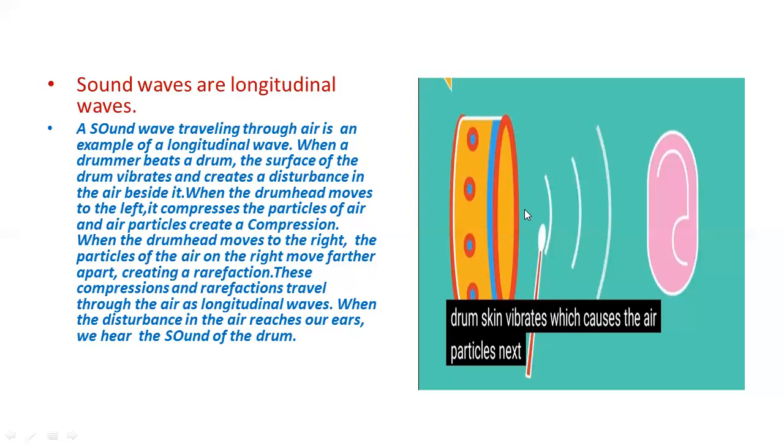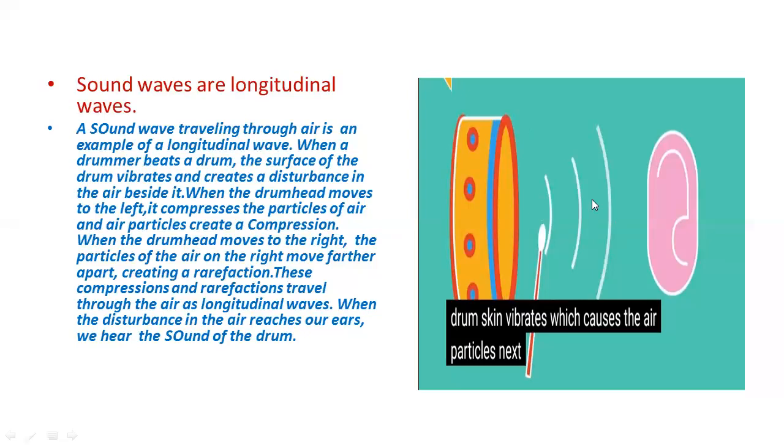So compression and rarefaction in air are produced due to the vibration in the membrane of the drum, which in turn disturbs the air beside the drummer, in our surrounding. When the membrane moves out, it pushes the particles close towards each other, and they form compression.